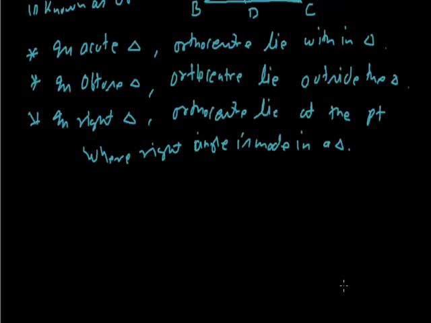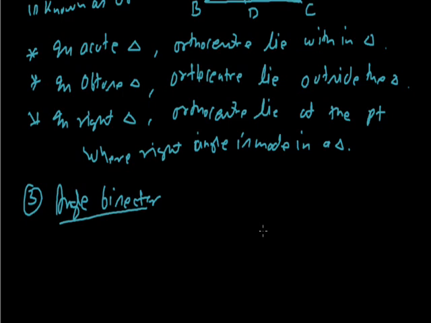Now we come to the next term, that is angle bisector. What do you mean by angle bisector? Suppose we have a triangle. If I draw a line from vertex A which bisects the angle A, it is known as an angle bisector.